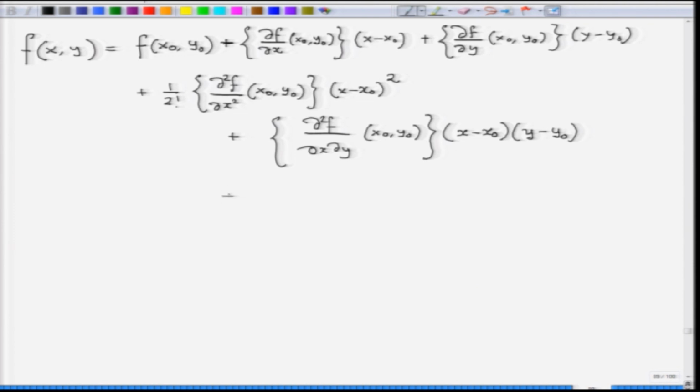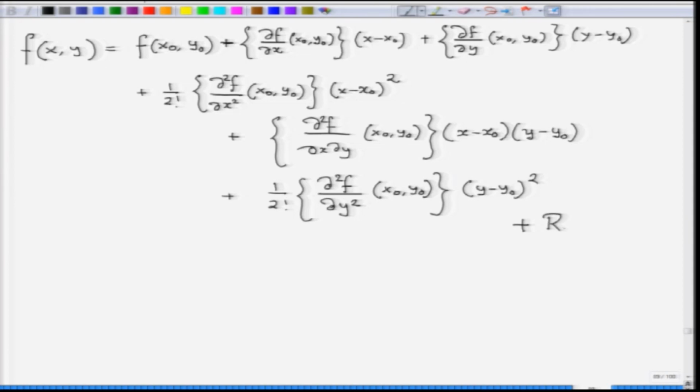plus half factorial del 2 f del y 2 at x naught, y naught, y minus y naught whole square, plus R2, the second order error term, where R2 has the same behavior.